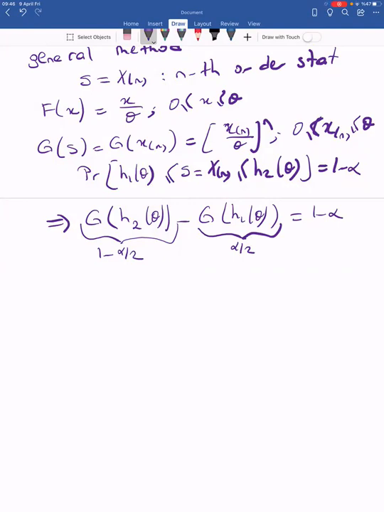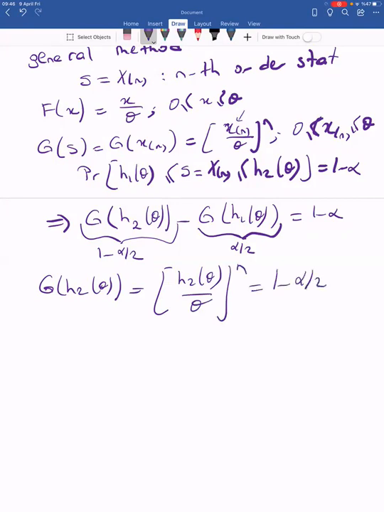We know the form of the CDF is the G function, so in that G function, we just replace the x's by h1 and h2. So h2(theta) over theta to the n equals 1 minus alpha over 2.